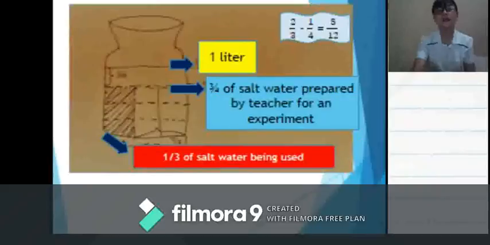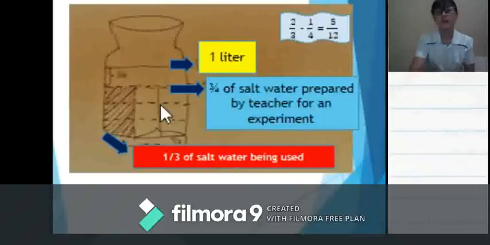Okay, this is coming from the liter of water, as you can see. But in this liter of salt water, we have to use only 3/4 of salt water prepared by the teacher for an experiment. So if we are going to divide this into 4, we are going to get the 3/4.